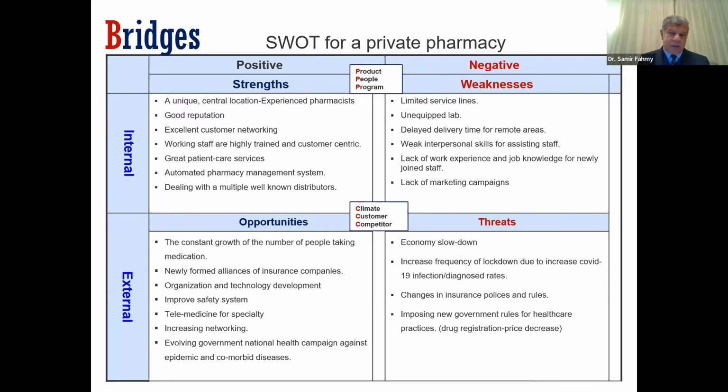That's for the internal factor. If we zoom in on the external factors, I mean, the opportunities, the constant growth of the number of people taking medication and the increased level of awareness make people now ready to take medications. That's why even sometimes the Ministry of Health makes campaigns to increase awareness, asking people to go and receive free service for diagnosing comorbid disease, for instance.